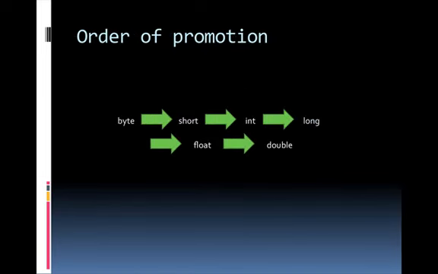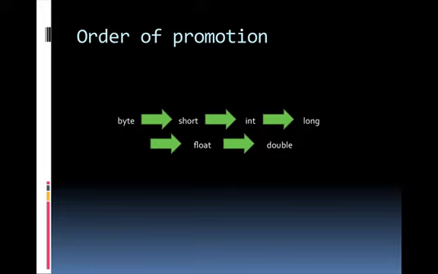The order of promotion. The unifying type principle is this idea that we will elevate the lower items in the equation to the same data type as the highest item in the equation. That means if I'm adding a byte and an int together, if you notice byte is at the very beginning, int is in the middle, int is the higher value, that byte will be converted to an int and we'll add an integer and an integer.